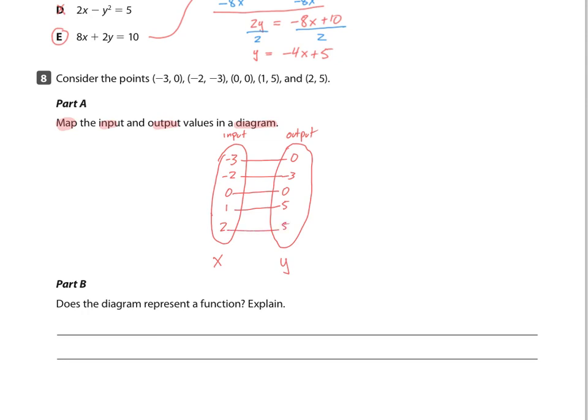Another way to graph this into a map is to put the input, the output, and we're going to do -3 goes to 0, we connect that. The next one, -2 goes to -3, you connect those two. Now the next one is 0. Since we already have a 0 right here, we can draw a line to connect those two.